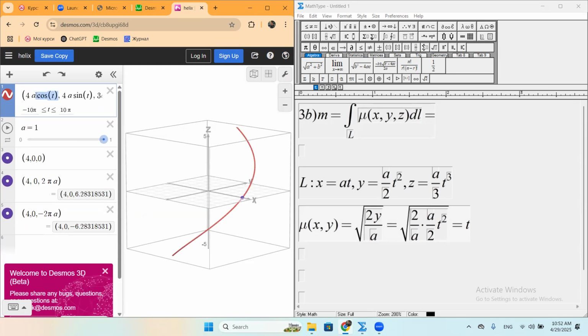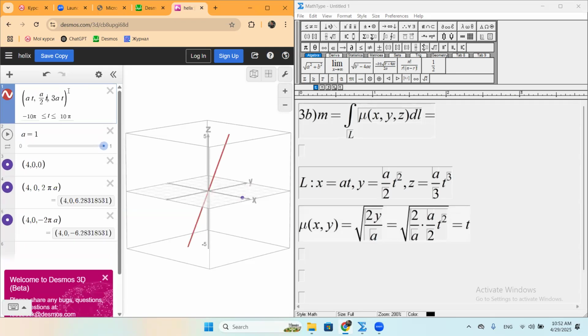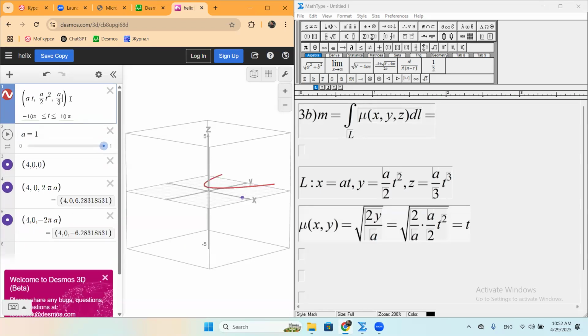At, and then no, a over 2 t square, and a over 3 t cube.